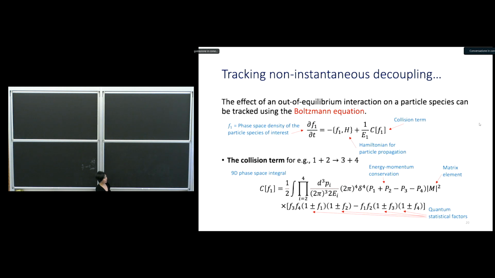And you have these quantum statistical factors as well to describe things like Bose enhancement and Pauli blocking. Now, that's not what you normally do if you were interested in things like dark matter production, which probably some of you do.